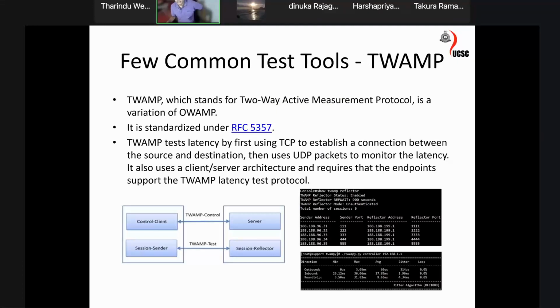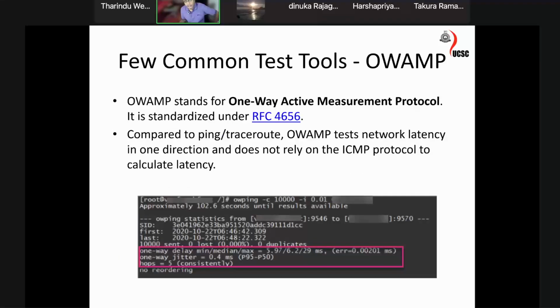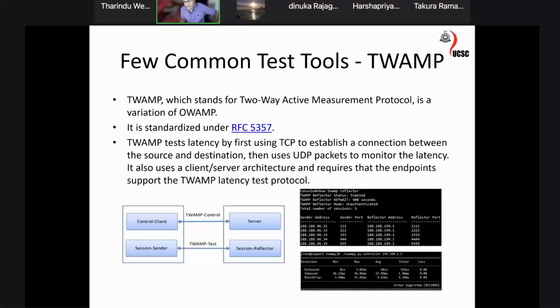If you want to measure two-way active latency by running the same application on both sides, it is possible with the TWAMP protocol or tool as well.